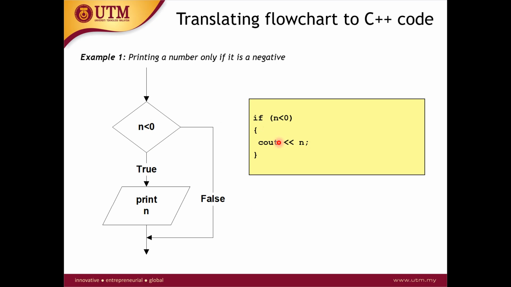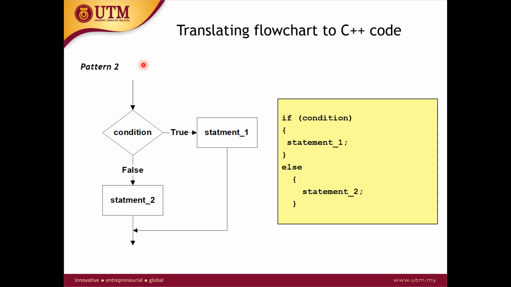If it is false, do nothing. That's why we haven't written anything in the false part of the if. And we have this other example. We say if this condition is true, execute statement 1. Now in the flowchart we've got the false part as well.